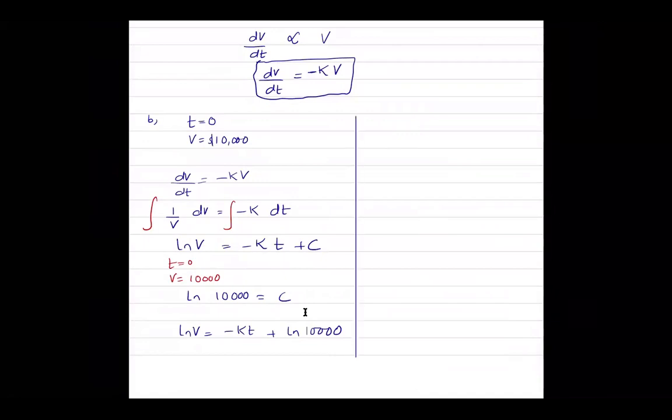Then if you convert this log equation to an exponential equation, you're going to say V is equal to e to the power of minus KT plus ln of 10,000.